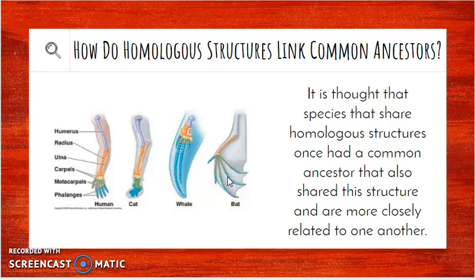However, some are a little different than others. And as we look at these, they have very different functions. Humans use their arms for picking things up and moving around. Cats are going to use their arms or legs for walking on. A whale uses these same similar structures to help them swim, and a bat then uses them to help fly.